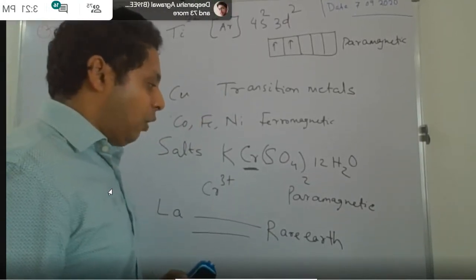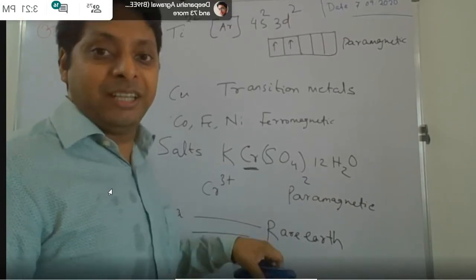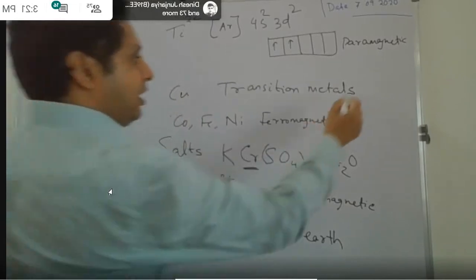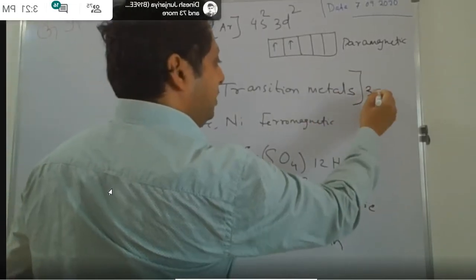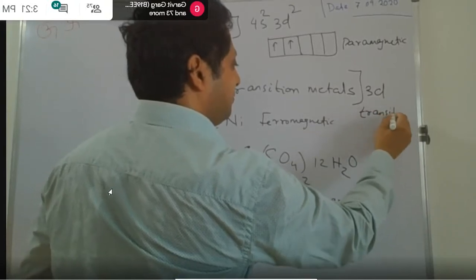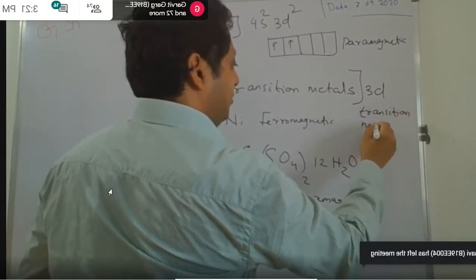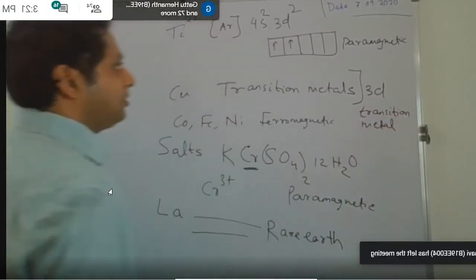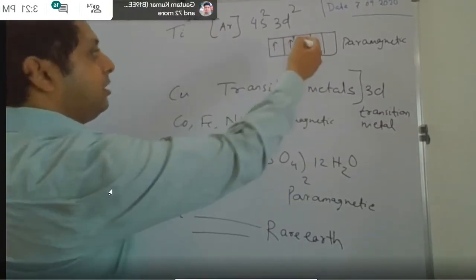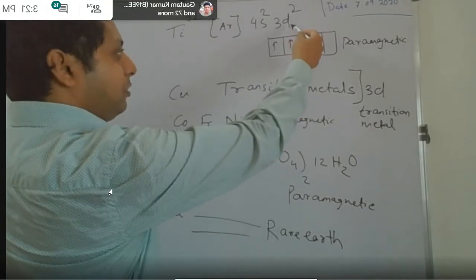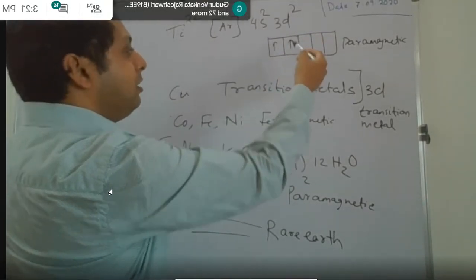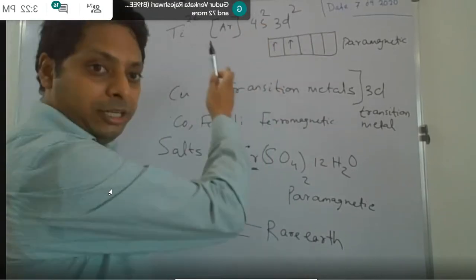Those materials are also very interesting from a magnetism point of view. These transition metals are normally called 3d transition metals, because when you go from titanium to copper or zinc, you basically fill up electrons in the 3d orbital, the rest being already full.